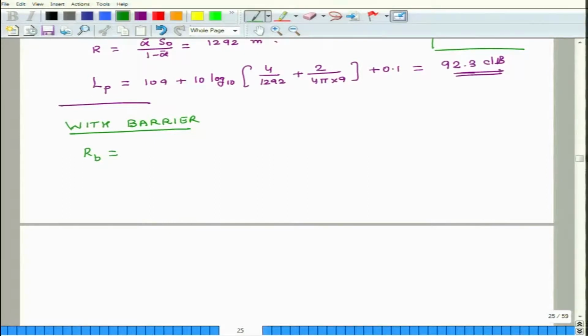RB is 0.35 times 2400 plus the area of the barrier, and area of the barrier is 5 times 3, into alpha 1 plus alpha 2, 1.1, divided by 1 minus alpha bar minus area of the barrier 15 divided by area of the room 2400 times alpha 1 plus alpha 2, 1.1. So, that works out to 1332 square meters.